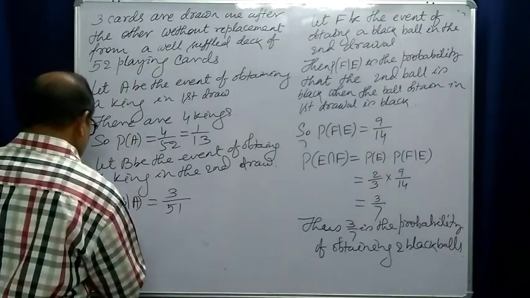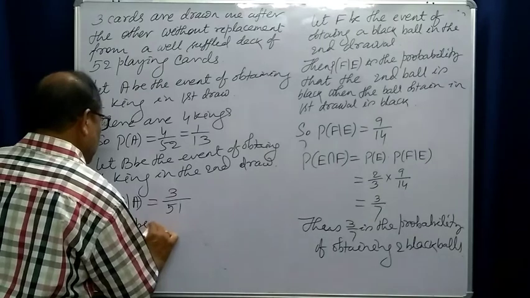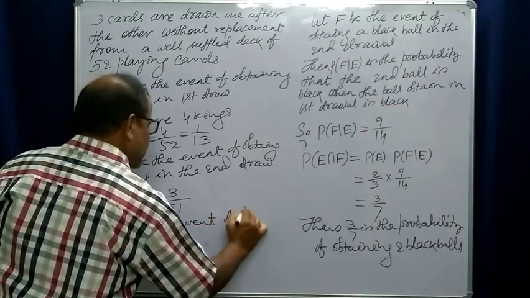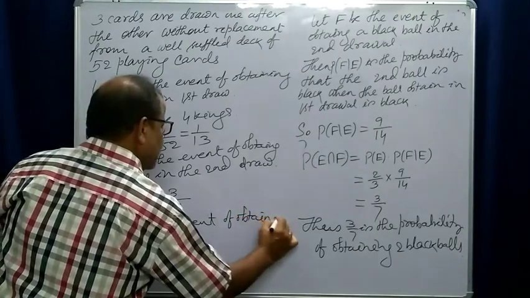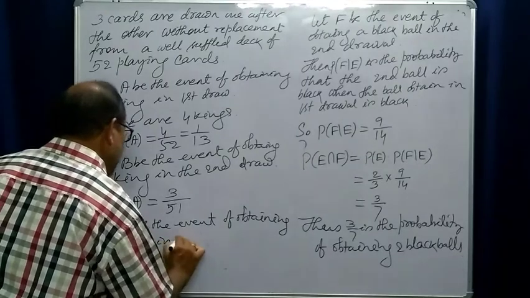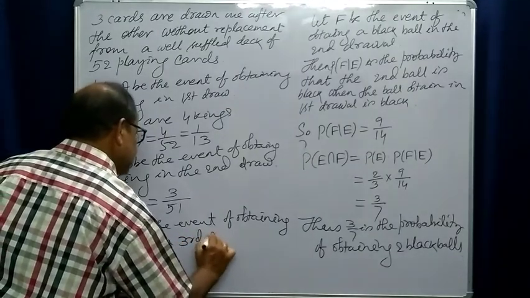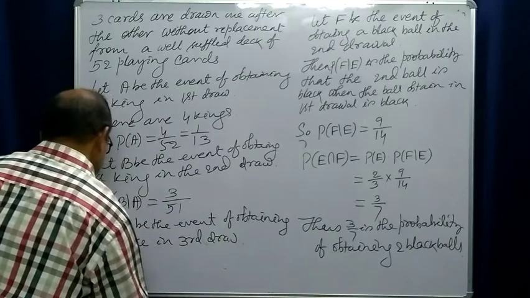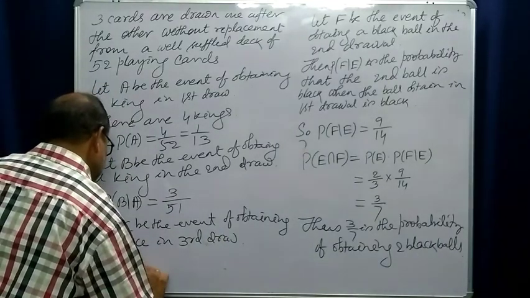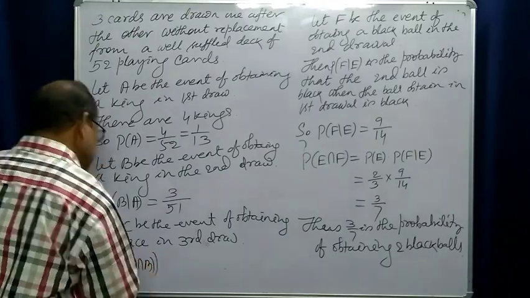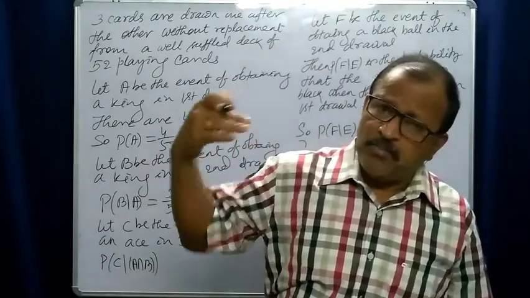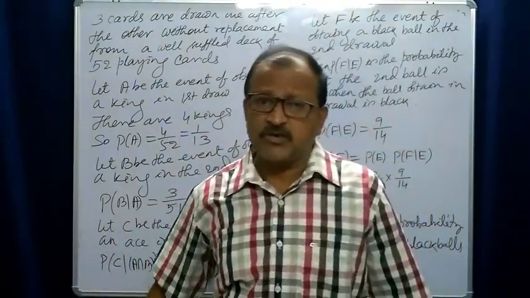Now let C be the event of obtaining an ace in the third draw. Then probability of C given A intersection B. A intersection B means the first card is a king, the second card is also a king.